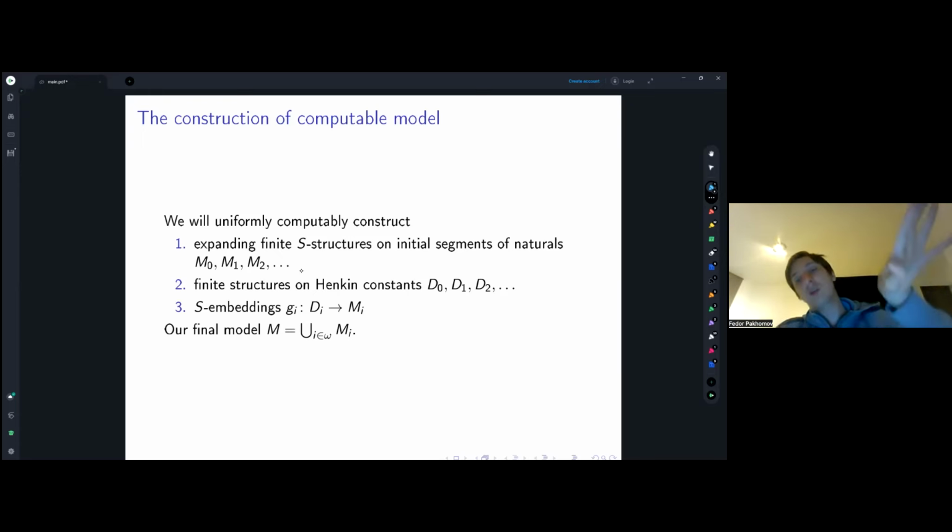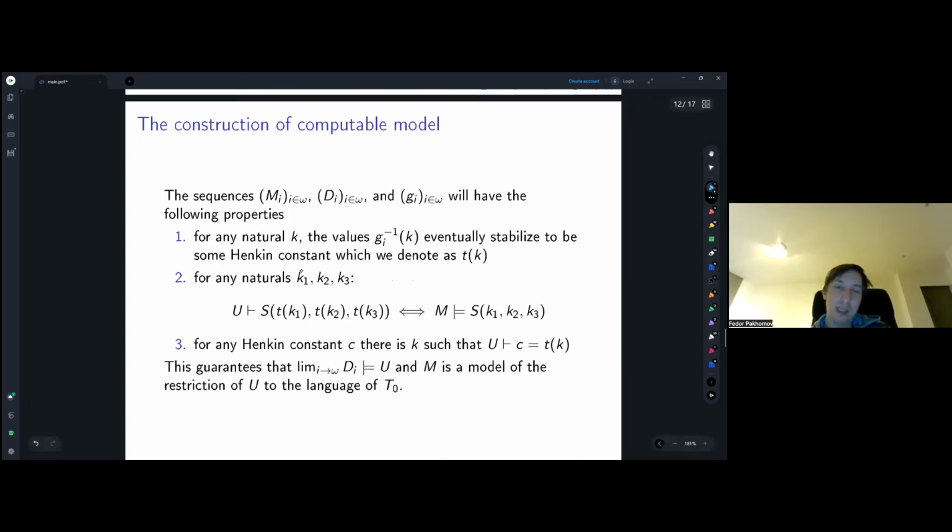So we have the sequence MI, and DI is the interpretation of Henkin constants on some of the elements of MI. When we have this interpretation of Henkin constants, we also have an interpretation of membership. Our final model will be the union of the MIs. So roughly the construction will look like this. Now let me describe the properties of these sequences that we will eventually guarantee.